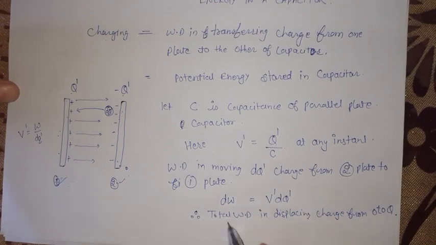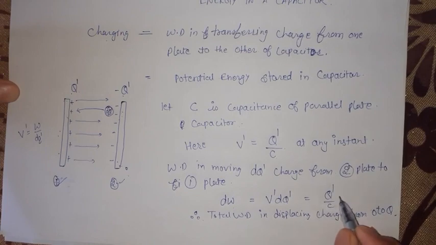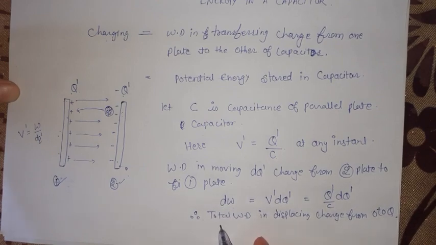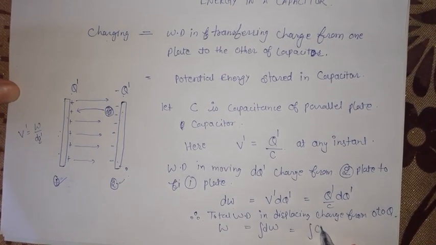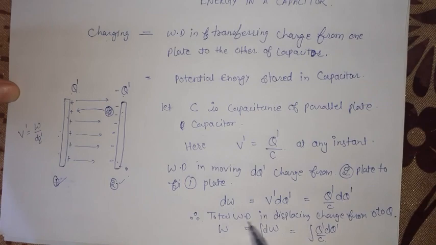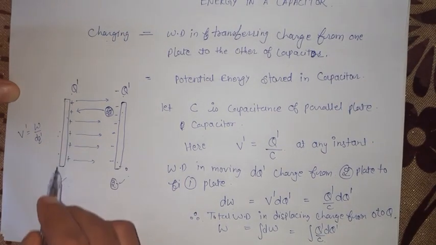So student, you need to look that V dash is already q dash by C, and it is dq dash. So for the total work done, you have to add all the small work done, which is the integration of q dash dq dash upon C. How much charge are we going to develop on the first plate?